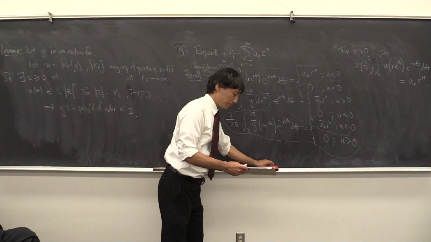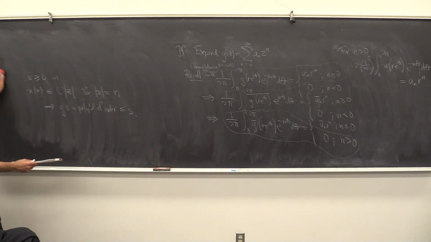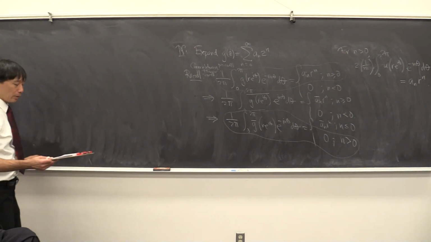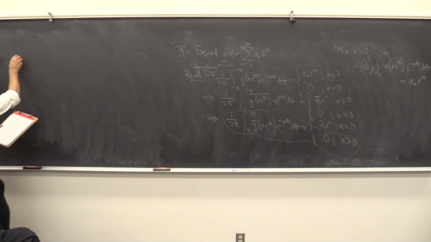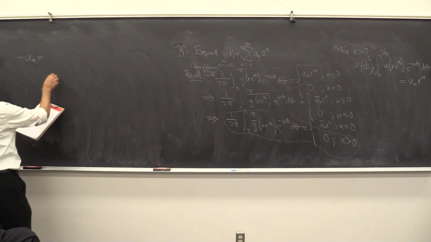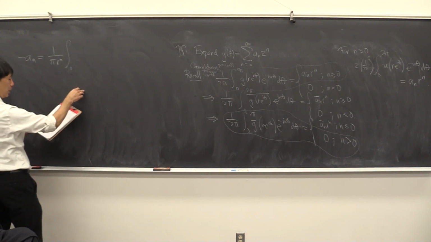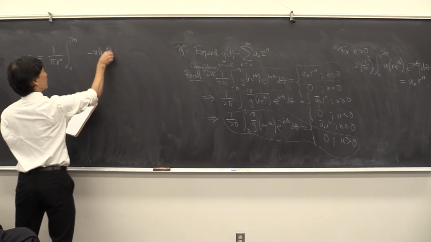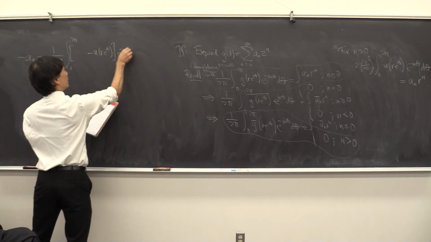Okay, so let me just write that again: negative a sub n is 1 over pi r to the n, integral of negative u r e to the i theta, e to the negative i n theta d theta.